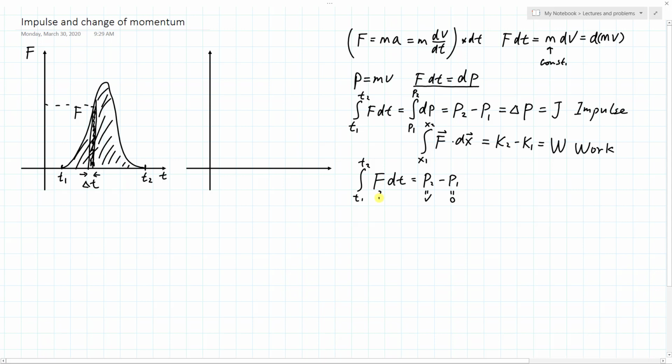The answer is you can actually find an average force. Just imagine this whole thing, instead of a variable force times this dt, we can write this as an average force times the whole duration T2 minus T1, or this delta T. So in an equivalent diagram, we start from T1, finish off at T2, and with an average force, let's say the average force is maybe here.